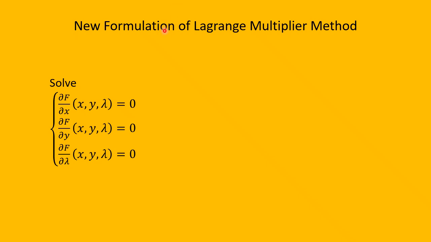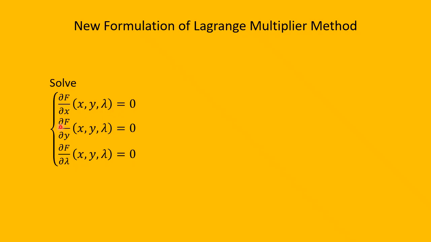So with what we just saw, we can rewrite the equations that we need to solve for the Lagrange multiplier method the following way. There are three partial derivative equations. They're partial differential equations in a way, where we saw how we define capital F. The partial derivative of capital F with respect to x equals 0.